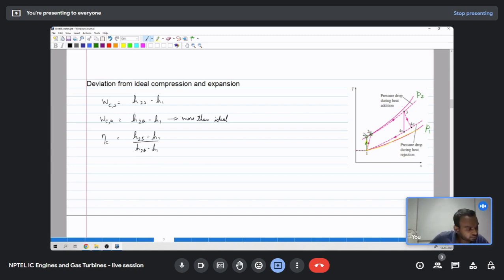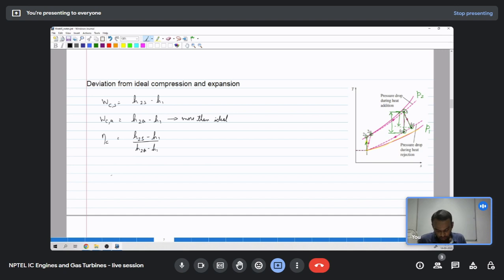Similarly, for the turbine process we expand from pressure 3 to pressure 4. If we had expanded at constant entropy, we would have ended up in state 4s, and the temperature difference is higher than in the actual case where we end up in 4a. So ideally we should have obtained this difference in enthalpy, but now we are getting only this much.